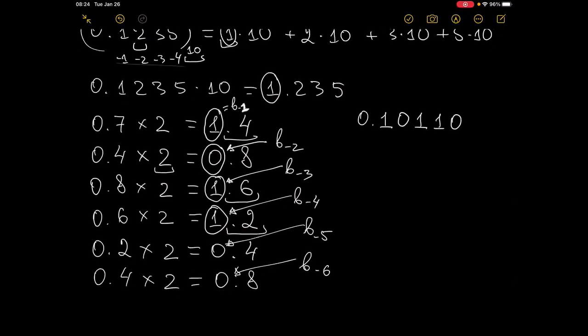Okay, so could you tell me what I will be getting further? Does it remind you of anything? Exactly, because you see, from here I will get 0.8 multiplied by 2 and so on, right? So it will repeat itself.